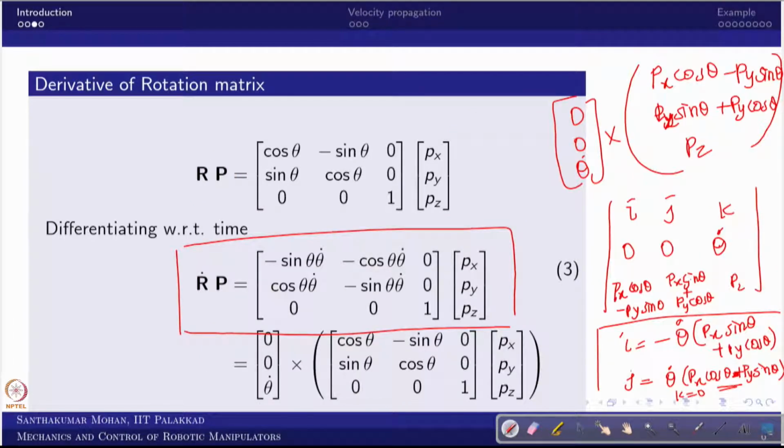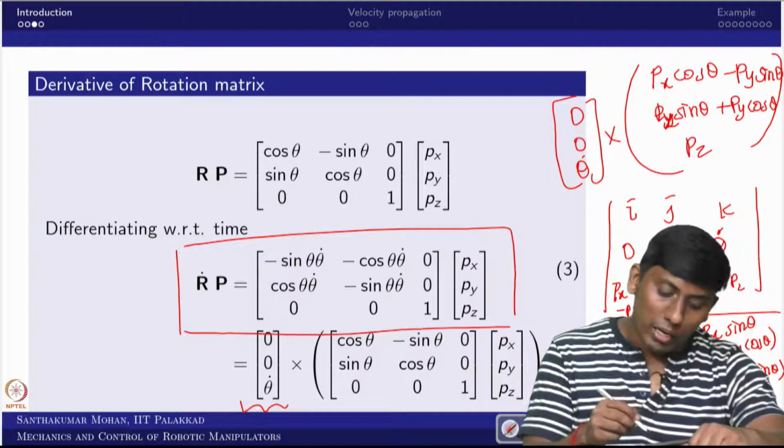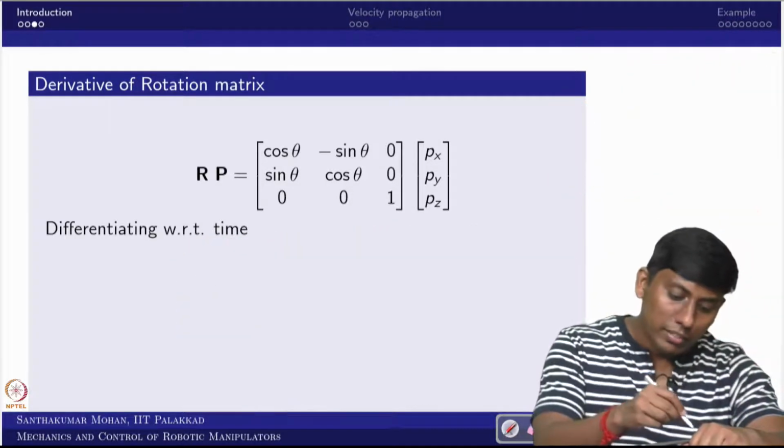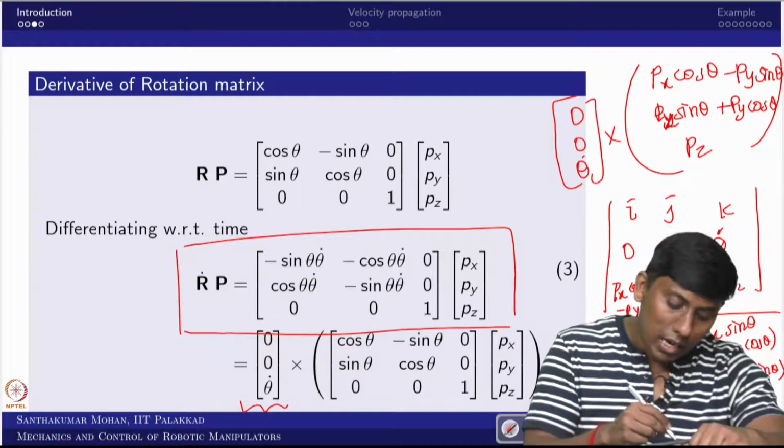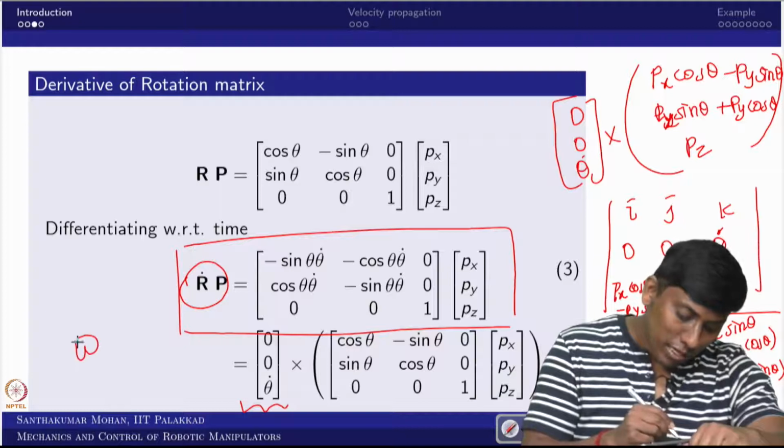So in the sense what you can see, if I take r dot p in the other way around, where 0 0 theta dot cross with r p, that is also giving the same relation which you did in the previous case. So you can write r dot p as omega cross r p.